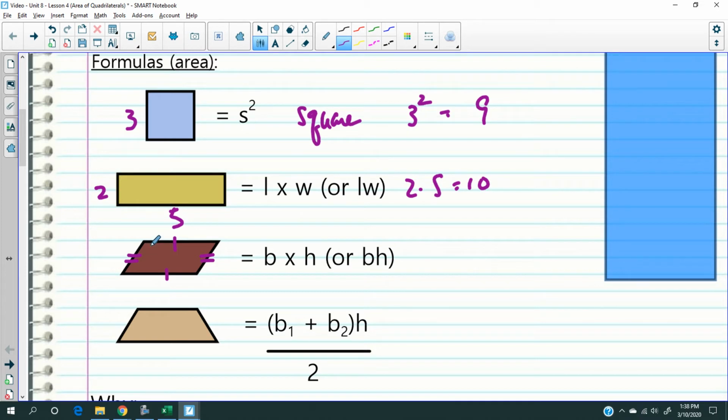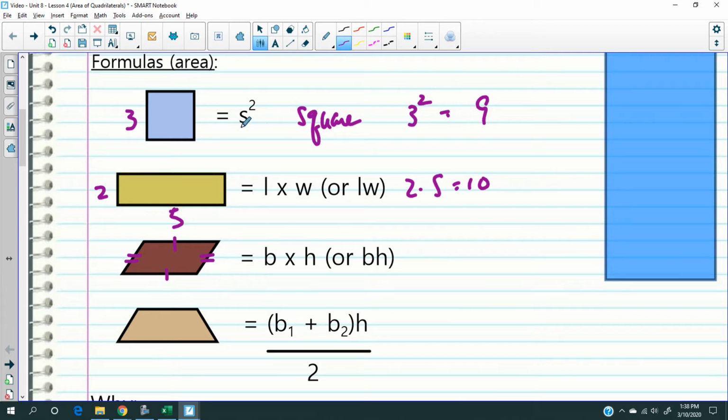That's the definition of the word parallel. On the other hand, if you look at the left side and the right side, and you draw two lines going continuously, you realize that those two lines also never touch. So a parallelogram has the distinction of having two pairs of opposite sides that are parallel.